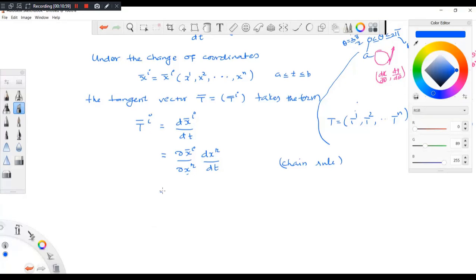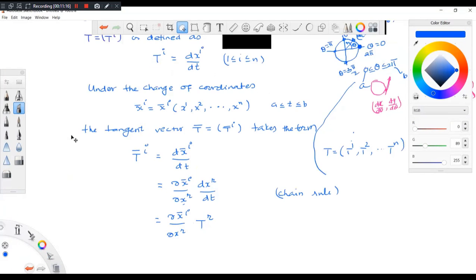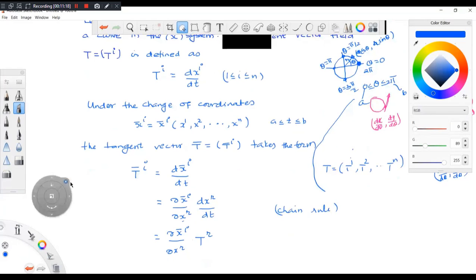This is nothing but del x bar i by del x r. And dx r by dt is nothing but T r. If you look at the definition, T i means dx i by dt. So dx r by dt will be T r. So I got it like this.